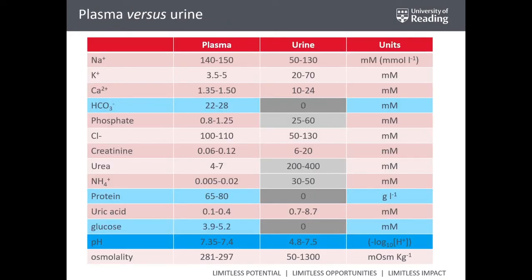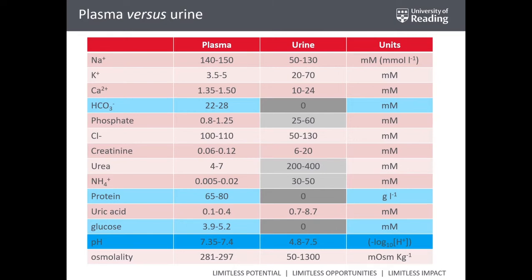So as you can see, the plasma and the urine have obviously different compositions, and the different composition reveals the function of the kidneys. For example, in the plasma, you see a more or less constant concentration of sodium ions between 140 and 150 millimolar, while in the urine it can vary between 50 and 130, which means that the urine has a role in regulating the levels of sodium.